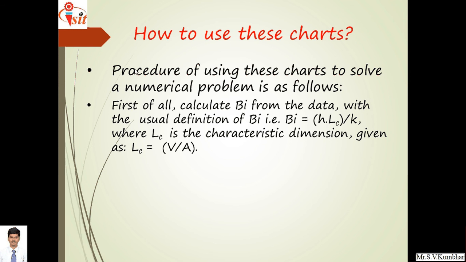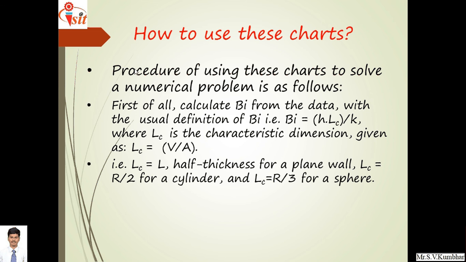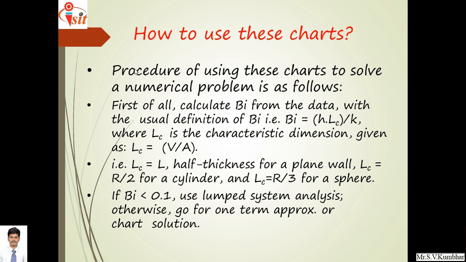So first of all, calculate the Biot number from the given data with the usual definition, that is Biot number is equal to h Lc upon k, where Lc is the characteristic length we have already studied, that is Lc is equal to L, the half thickness, for a plane wall, Lc is equal to R by 2 for a cylinder, and Lc is equal to R by 3 for a sphere. If the Biot number is less than 0.1, use lumped system analysis, otherwise go for the one-term approximation or chart solution.